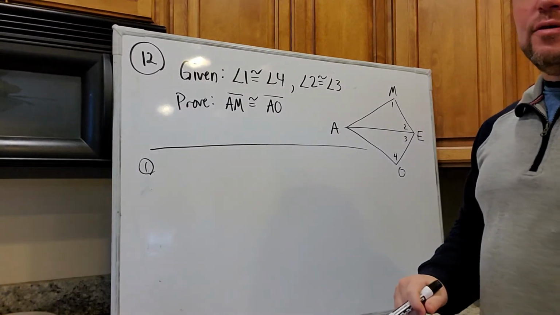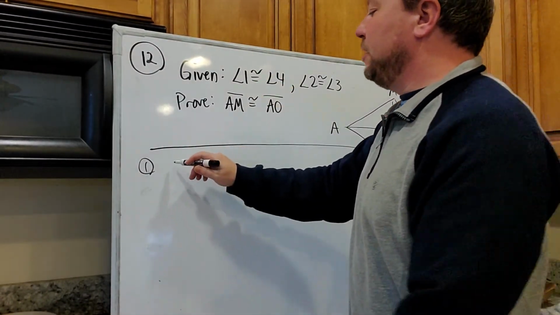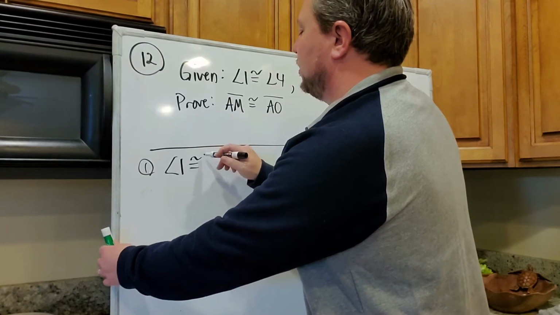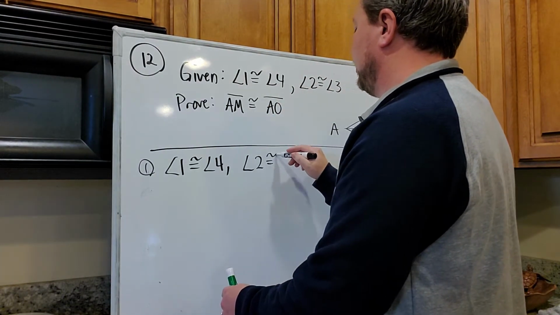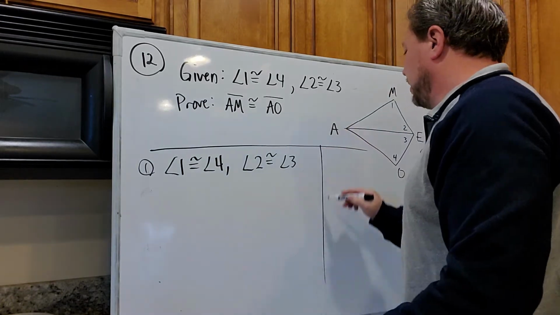You know that the first thing we do on a proof is just copy the given. So we're just going to copy down all of this. 1 is congruent to 4, 2 is congruent to 3, and say that it is given.